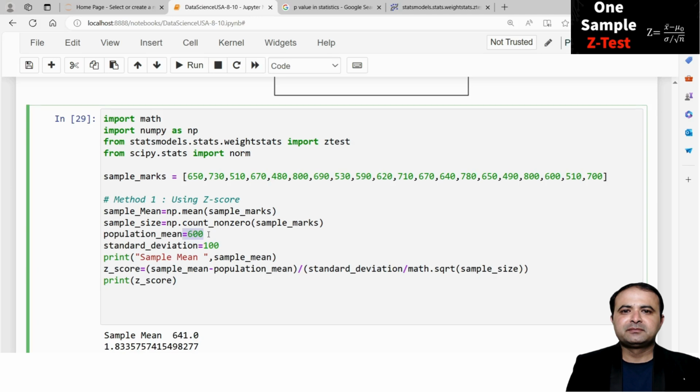So population mean is like the null hypothesis, that means it is okay, or otherwise the sample mean is different. So we are saying the average of the population data is 600, but the standard deviation is 100. So there is some deviation.